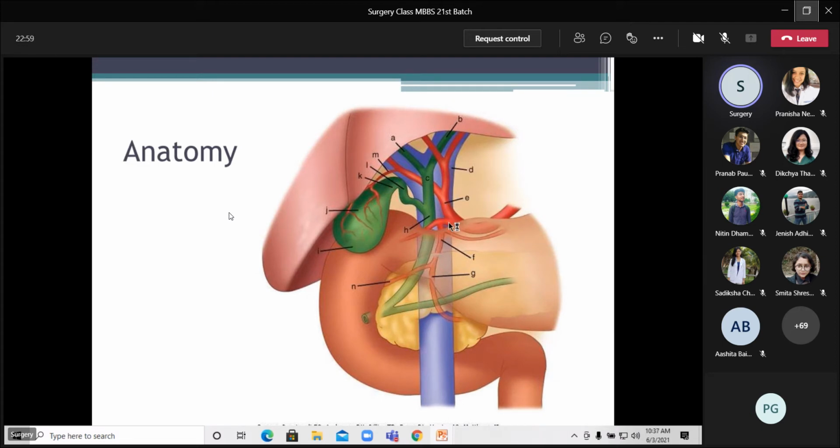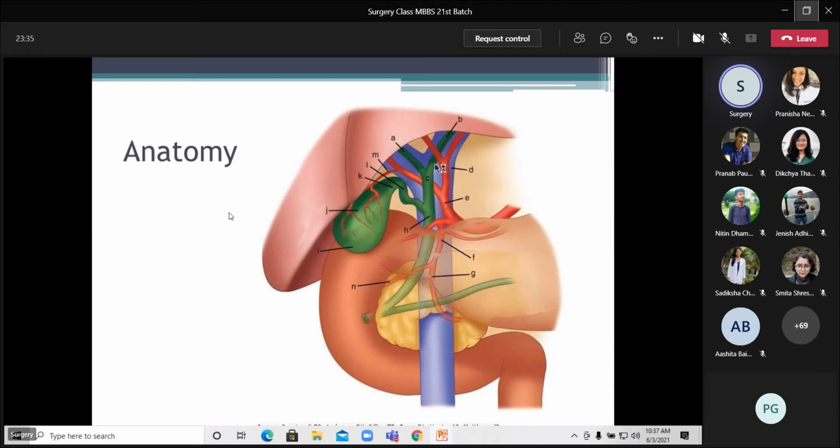You can see that the portal vein is going just behind the neck of the pancreas. Then the uncinate process of the pancreas comes all the way towards the third and fourth part of the duodenum, behind the portal vein. So all the portal triad goes behind the pyloroduodenal junction.